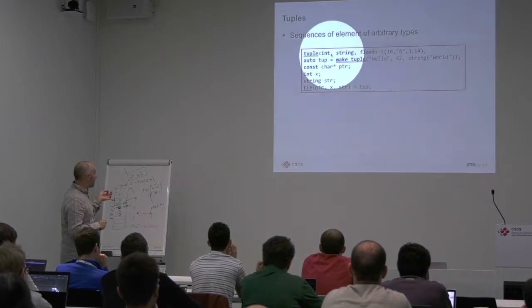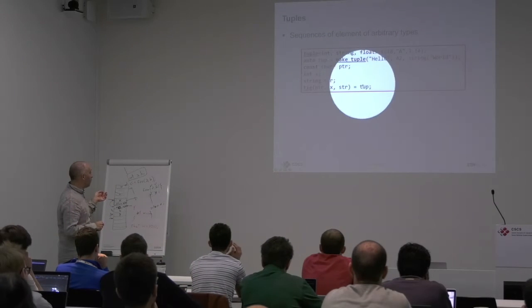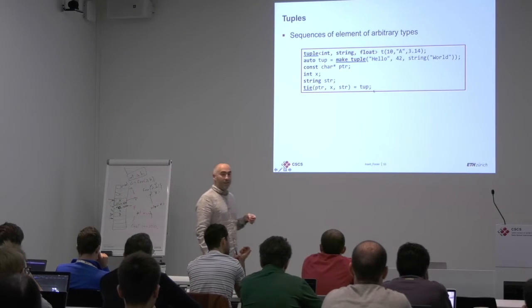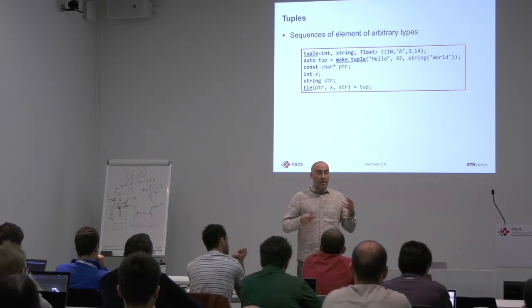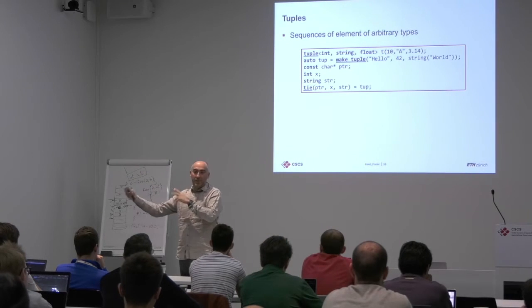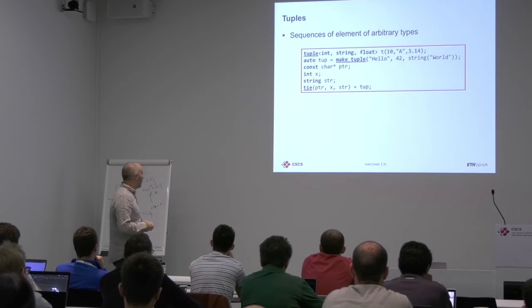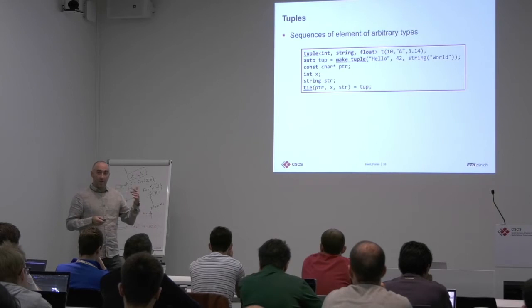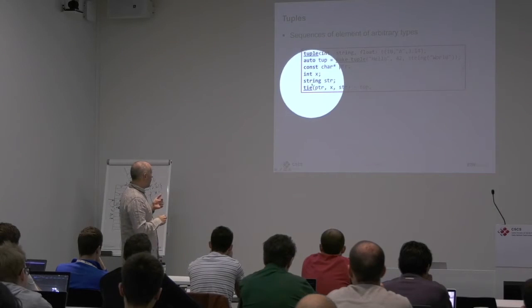And there is something else which is interesting: how do I get the values out of the tuple? Well, you have the get. You say std::get<0> of the tuple, and you get the first element of that tuple. But you can actually get the values of the tuple in one shot by using the tie function.